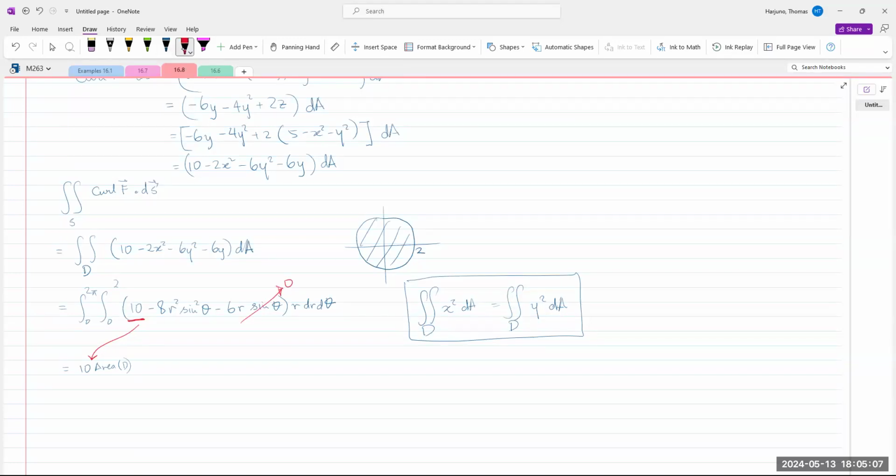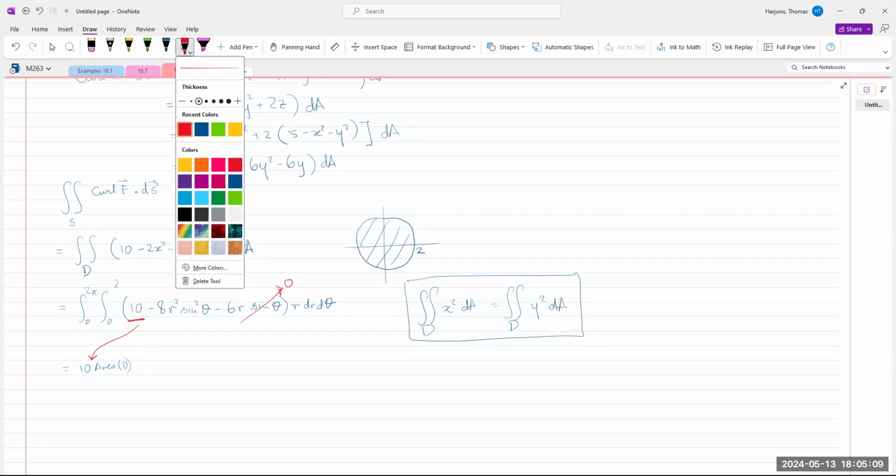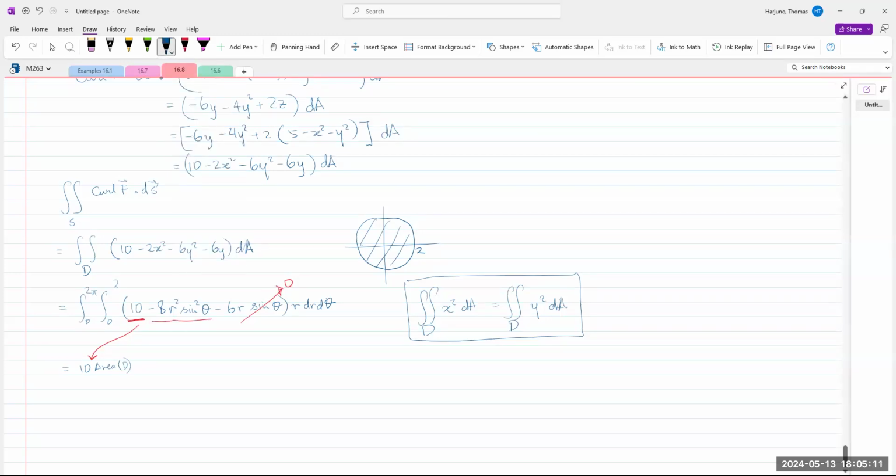While this part gives us minus 8 times the integral from 0 to 2 pi of sine squared theta d theta, times the integral from 0 to 2 of r cubed dr. What is the area of D? 4 pi.